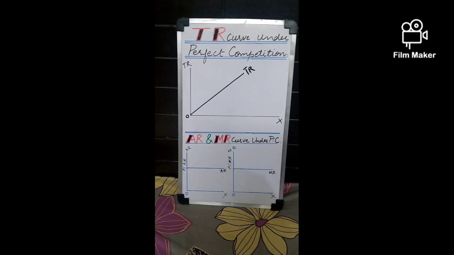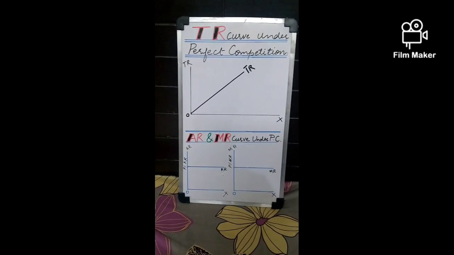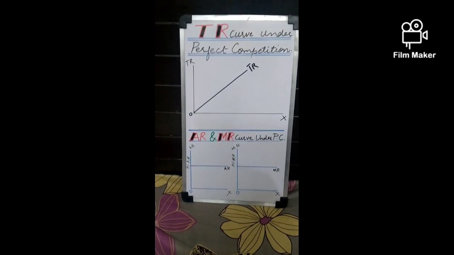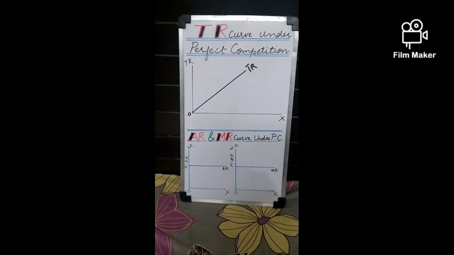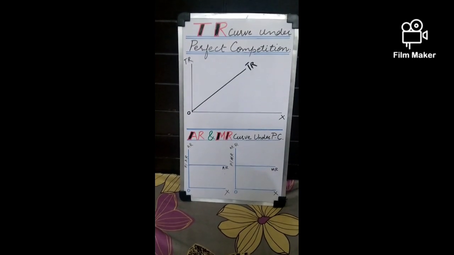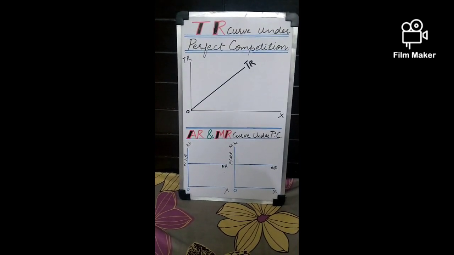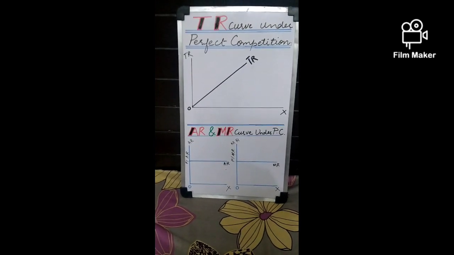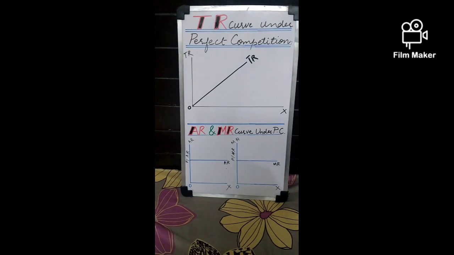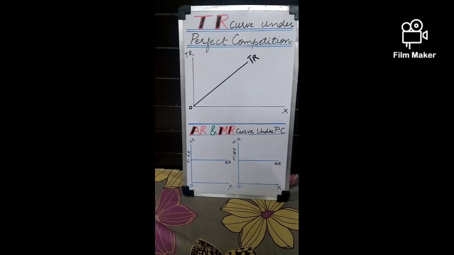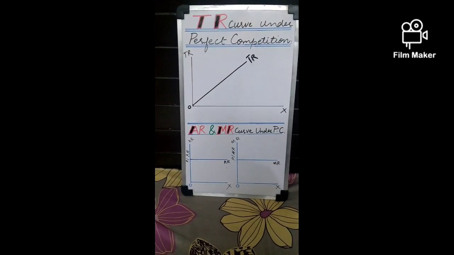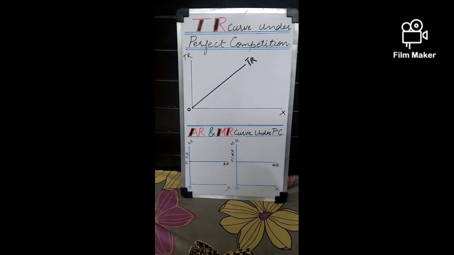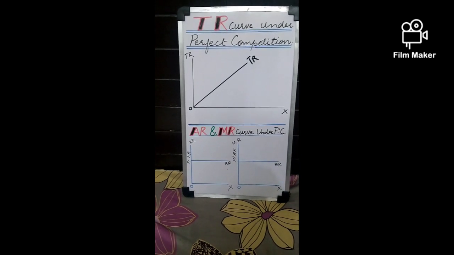Now in the lower part of the figure, I have drawn average revenue and the marginal revenue curves. The average revenue and the marginal revenue curve under perfect competition are straight lines that are parallel to the x-axis, because in the perfect competition the firm is price taker, it cannot influence the price, so it can sell any amount of the output at the fixed given price.